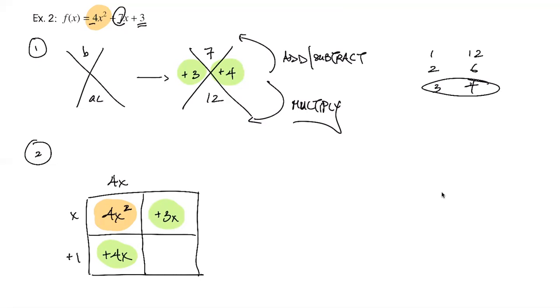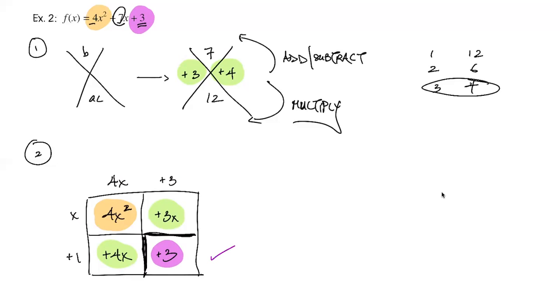4x times a 1 gives me the 4x in the green, and then x times 3 gives me the 3x in the green. Remember, I'm saving this box to check my answer, so 1 times 3 is 3. And 3 is my last term. So I factored correctly.